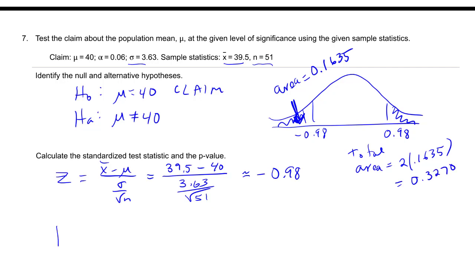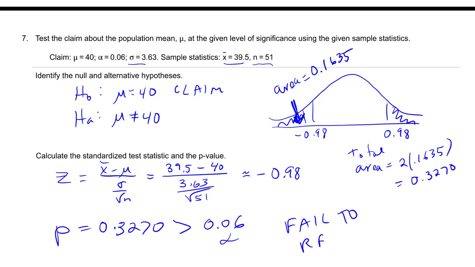So that is our p-value, 0.3270. We want to compare that to the alpha of 0.06. Well, that's definitely bigger than 0.06. So our p being bigger than alpha means we fail to reject H0.